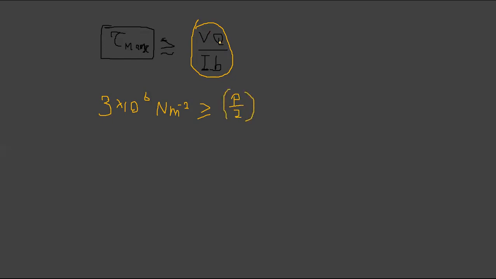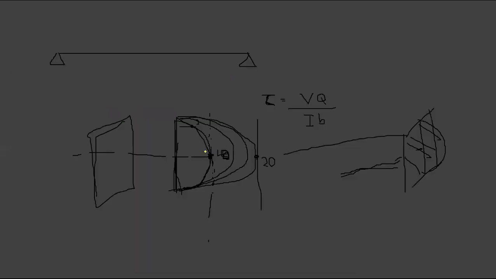So what's Q? Q is the first moment of area up to that level, from the neutral axis, right? Your neutral axis is where the shear is taken. You know this area is equal to this area, even for this one.